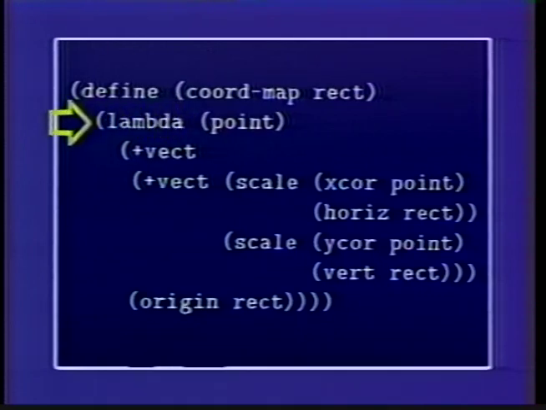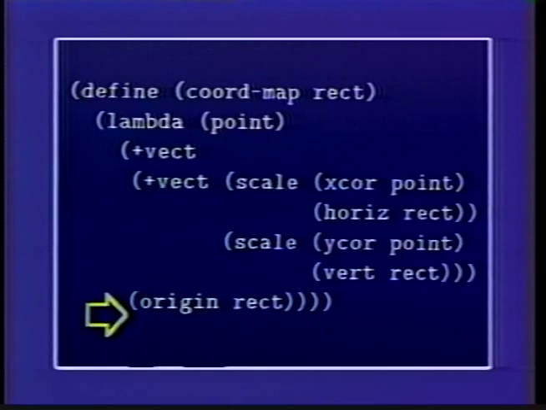And how do you get it? Well, writing in Lisp what I wrote on the blackboard, I add to the origin of the rectangle the result of adding: I take the horizontal part of the rectangle, I scale that by the x-coordinate of the point, I take the vertical vector of the rectangle, I scale that by the y-coordinate of the point, and then add all those three things up.